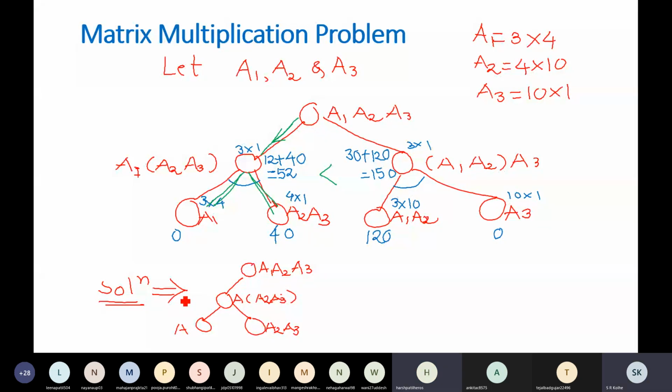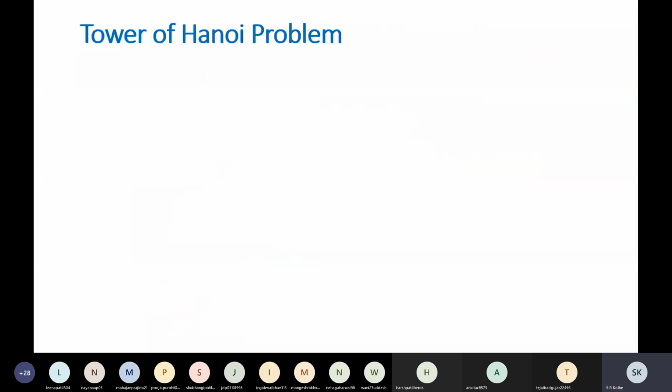If there is no question, now we will move to the second example, the Tower of Hanoi problem. All of you know this problem. In this Tower of Hanoi problem, although it looks simple, if our aim is to devise an algorithm or write a program to solve it, then you will find it is a complex problem.